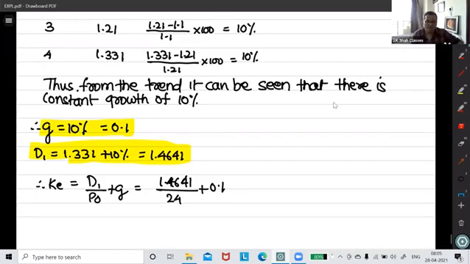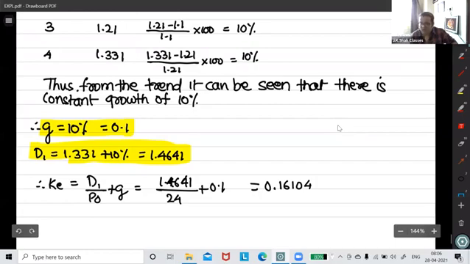So I got 0.1610 and then 4. Now can I round it off?